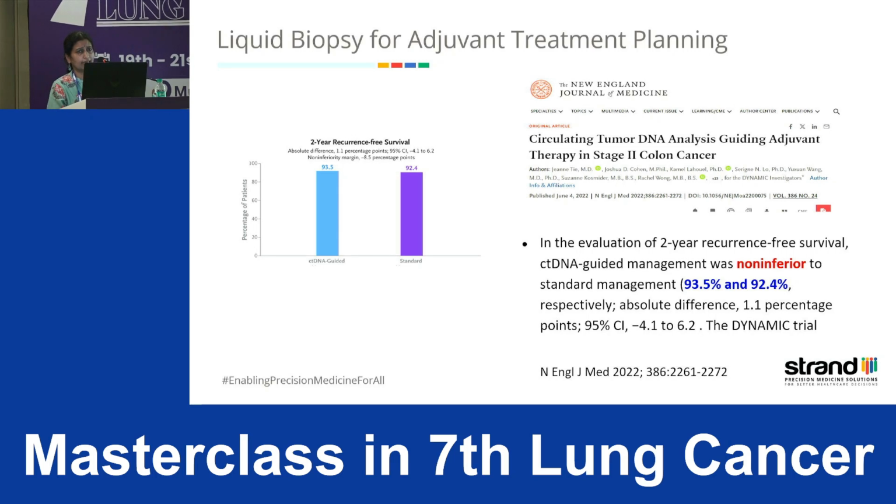Of course there is a standard way of evaluating it, which is based on lymph nodes, etc. But you could also look at it by first assaying the main tumor, and then sequentially looking to see if there's any mutation in the blood at all. If there is a mutation in the blood, that means that this is a high-risk patient. In this 2-year evaluation, ctDNA guided management was non-inferior to standard management. So this is another very clear use case.